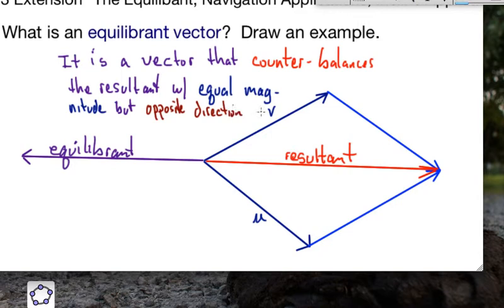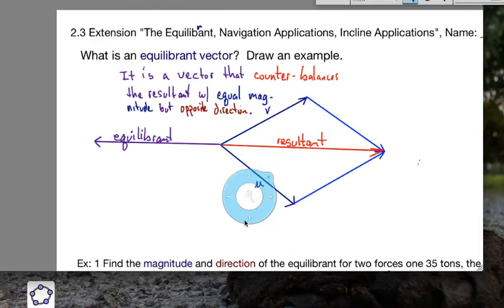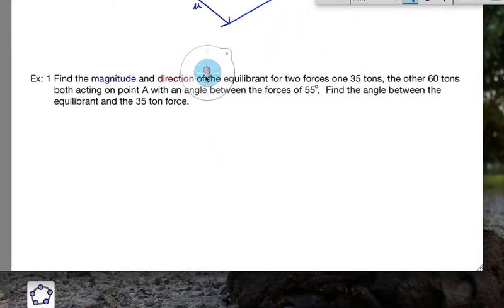Period. Okay, so that's it. So if we were to add the equilibrant and the resultant together, we would get 0 magnitude and direction.